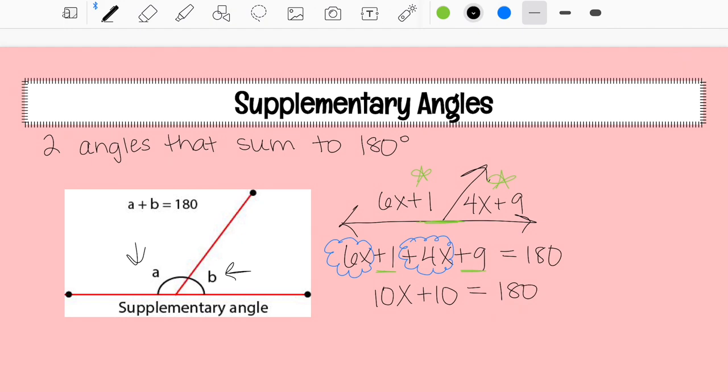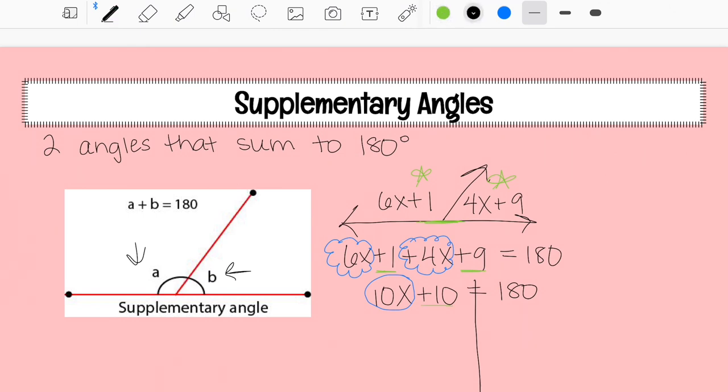From here, now we're just going to solve our equation. And remember, we use inverse operations. So I'm going to draw my line to show the two different sides of my equation. And I know that my goal is to isolate this variable right here. And the first thing I need to do is move my constants, which is this positive 10 right here.